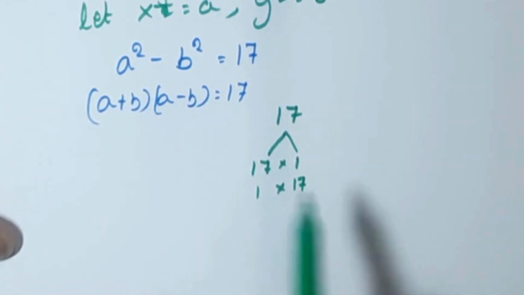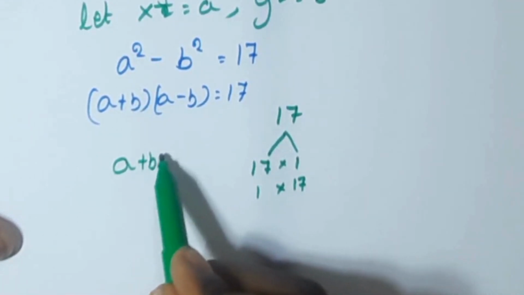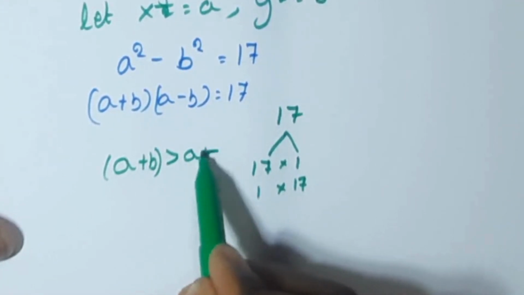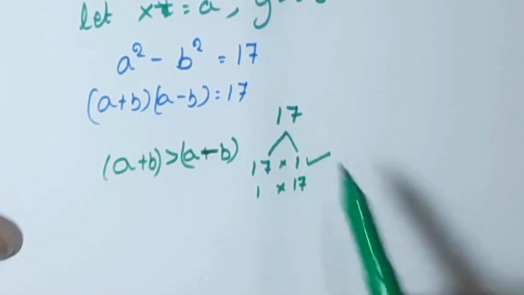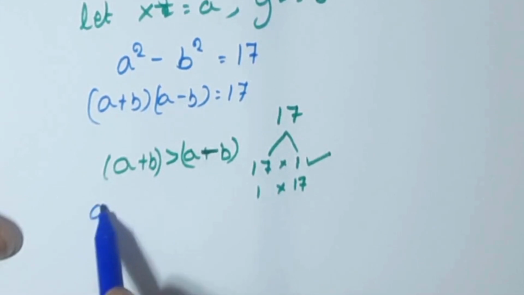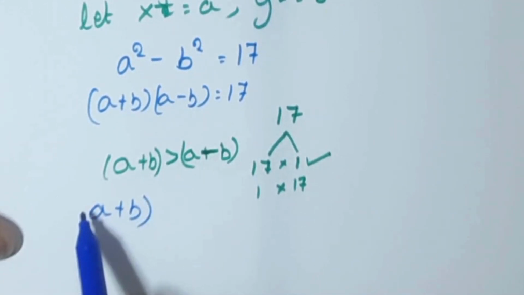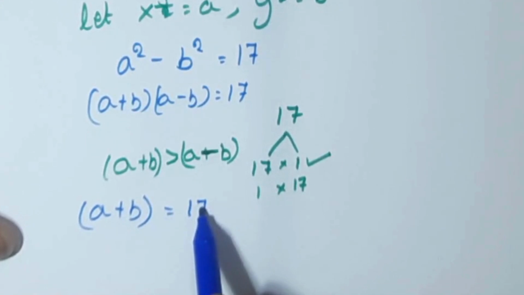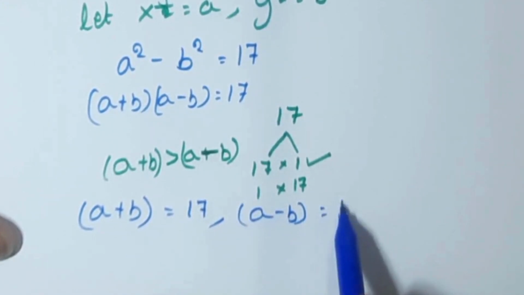We know that a plus b is always greater than a minus b. So we are going to apply this here: a plus b equal to 17, a minus b equal to 1.